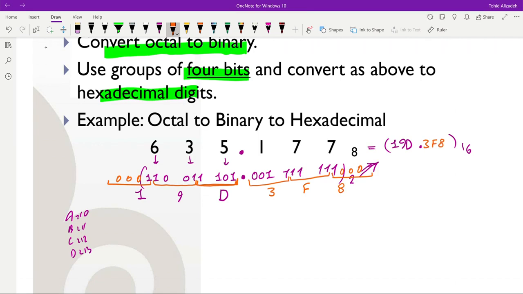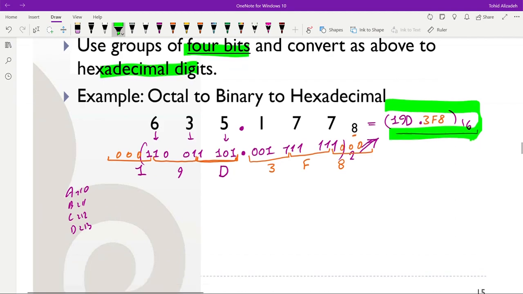And as a result, we have found the equivalent of 635.177 in octal in hexadecimal. And you can see how using binary, or base 2, as the intermediate base eases the process of converting from octal to hexadecimal and vice versa.